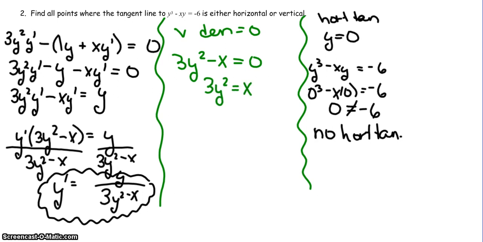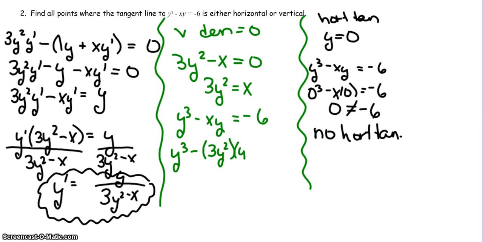Use the same plan, plug that into the original. So I've got y cubed minus xy equals negative 6. I'm going to plug in, so y cubed minus 3y squared times y equals negative 6. So y cubed minus 3y cubed equals negative 6.